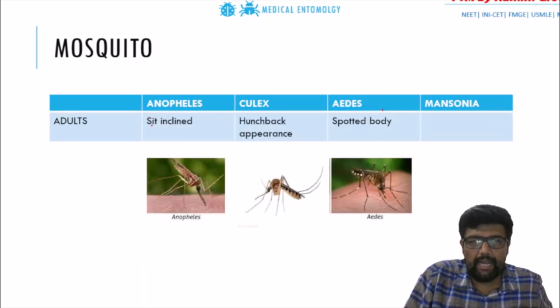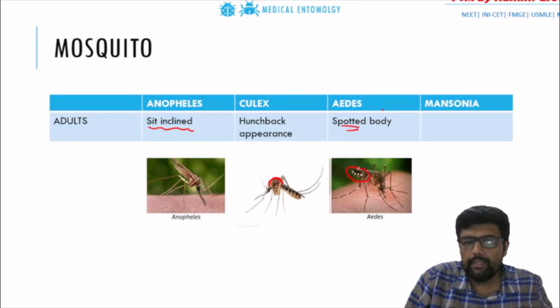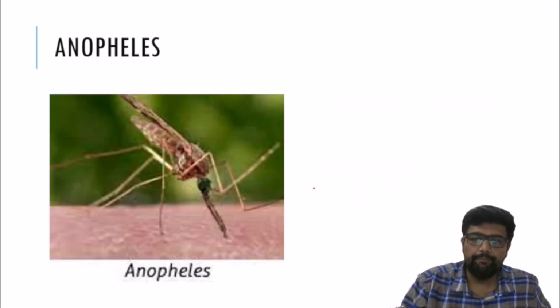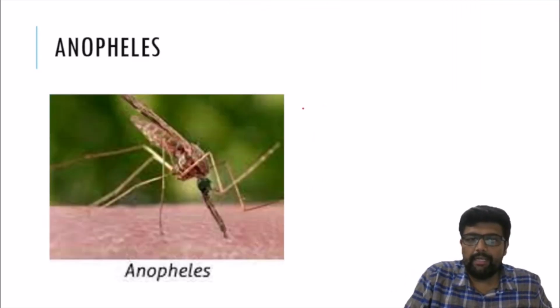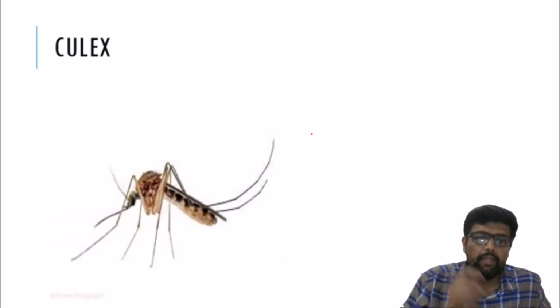Adult mosquito. Anopheles sit at an angle with the ground, Culex has a hunchback appearance, and Aedes has spotted wings. So this is Anopheles, it sits inclined with the ground. This is Culex.